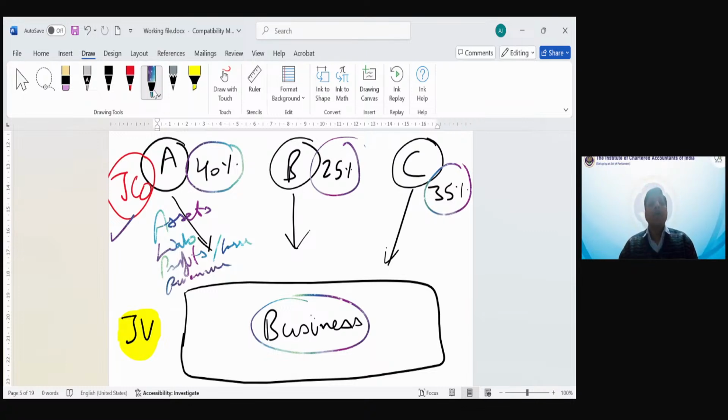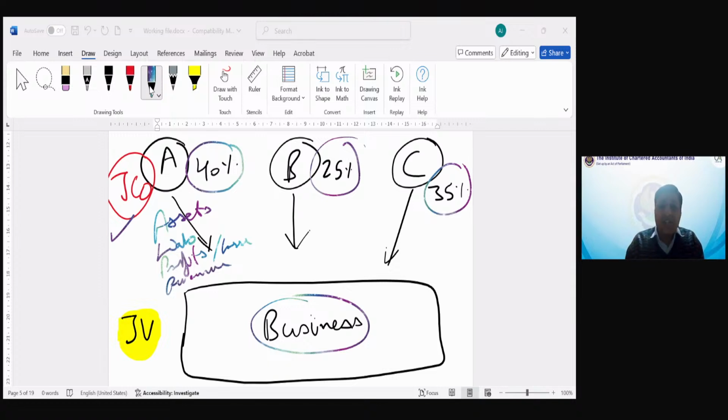Tell me, do they need to add that once again for any separate CFS? No. Why? Because it's already there in their financial statements, in their books of accounts. Preeti is saying if they do this, that will be a duplication. Yes or no? So that is what a JCO does.